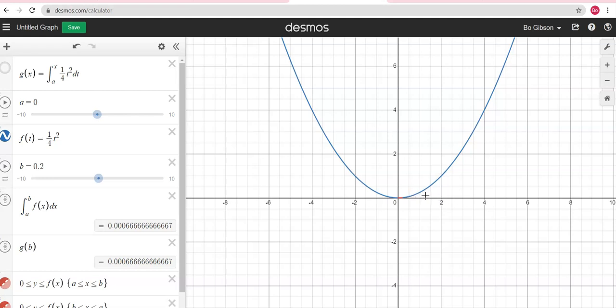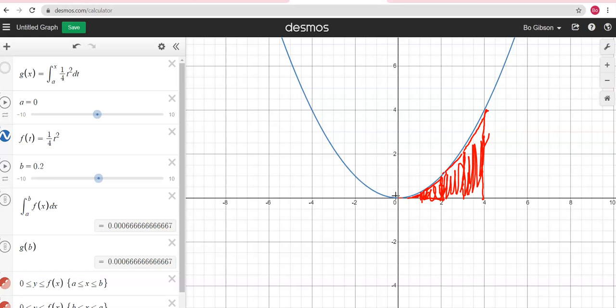So for example, let's say I was at 1 and I increased to 2, I'm going to gain all this area. But if I go from 2 to 3, look how much more area I gain. And if I go from 3 to 4, look how much more area. I'm gaining more area every time I increase.